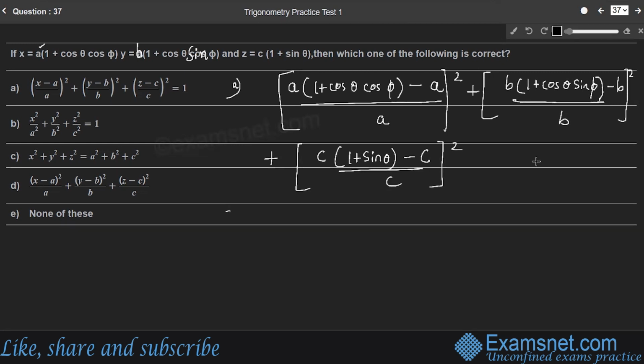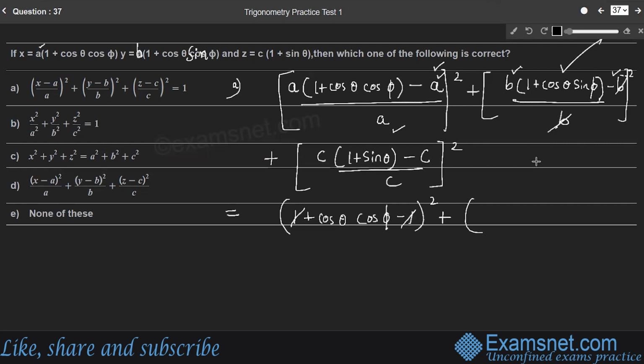So we have to find the value of this, whether it is equal to 1 or not, we have to check, right? So here in the first term, we can take out a, and a will get cancelled. Therefore, avoiding the a part, the remaining part becomes 1 plus cos theta cos pi minus 1, the whole square. Since 1 and minus 1 will get cancelled, we have cos theta into cos pi the whole square. Plus, in the second term also, we have b common in the numerator, so we can cancel b in the numerator and denominator.